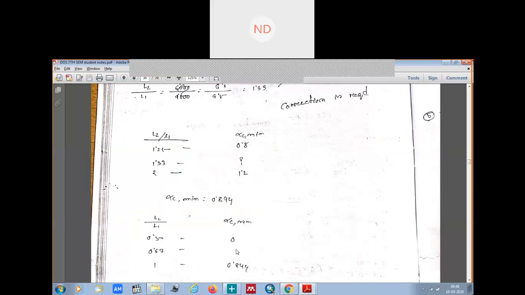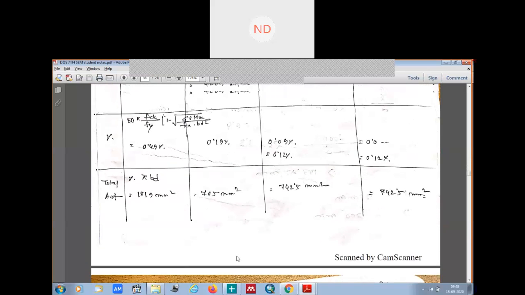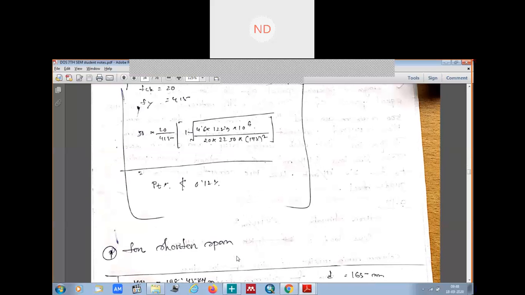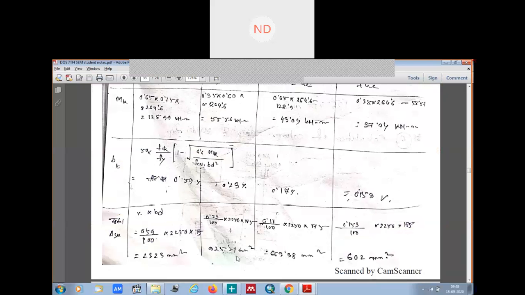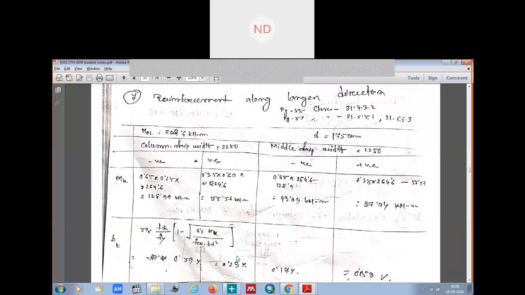Okay, now we can place the values again there. So you see here, d for the longer direction we had calculated to be 175.